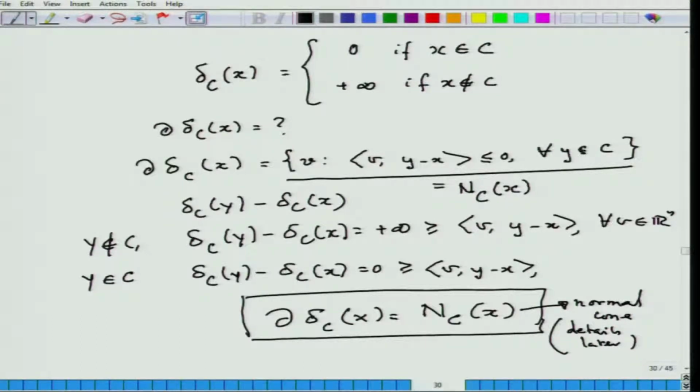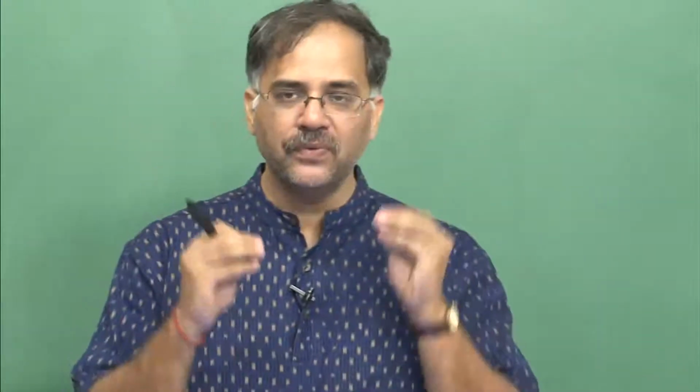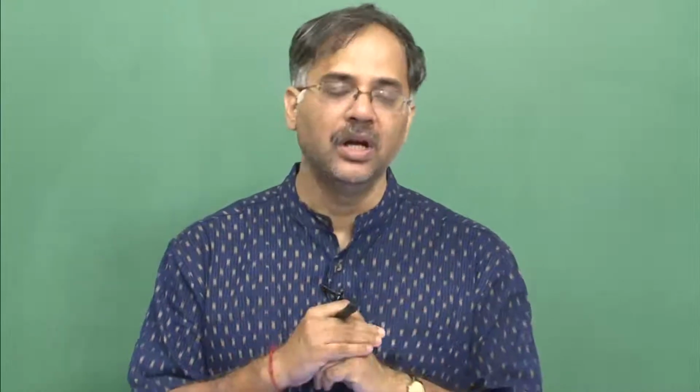Now, you will again come and ask me a very important question. You have defined the subdifferential for a class of functions which is extended valued. Can you give an example where the function is finite at a point, but does not have a subdifferential at that point, in the sense that the subdifferential is empty at that point?